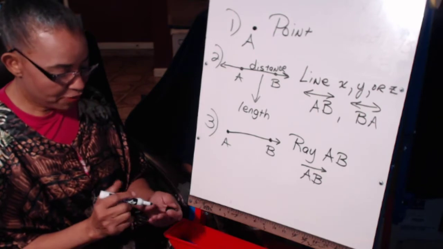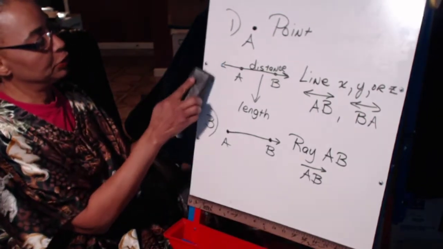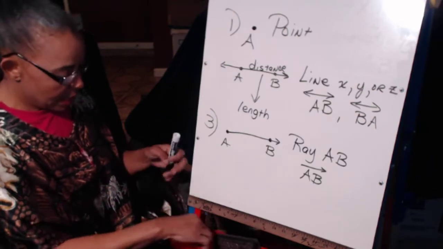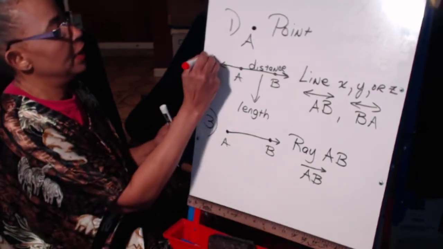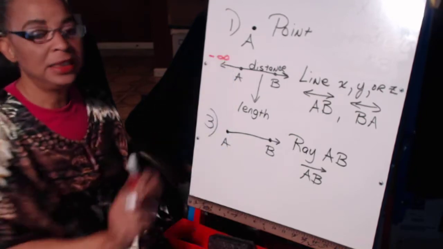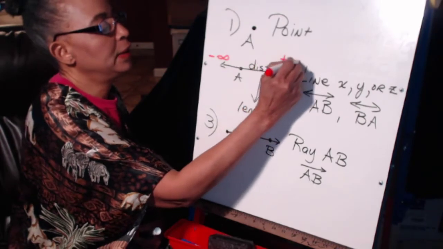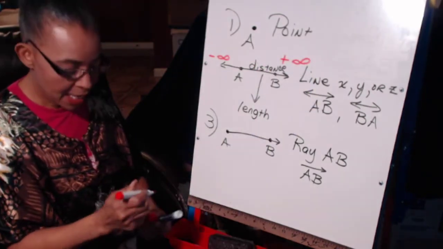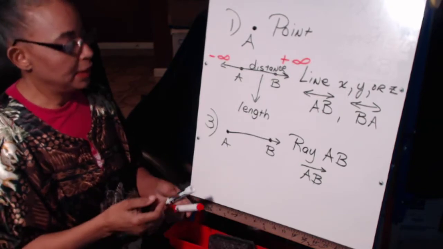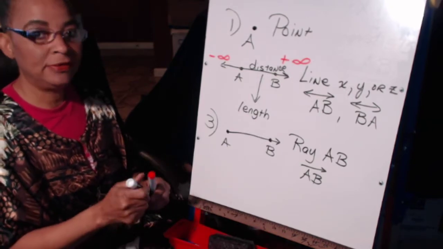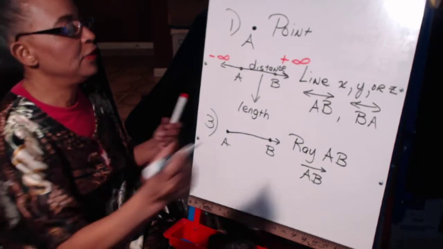So let's talk very briefly about infinity, going back to number 2. So on this side, we would have negative infinity. To the left is always negative infinity, and to the right, it's positive infinity. Now, if we orient it any other way, it's going to be basically the same thing. To the left will be negative, and to the right will be positive, except if it's vertical.